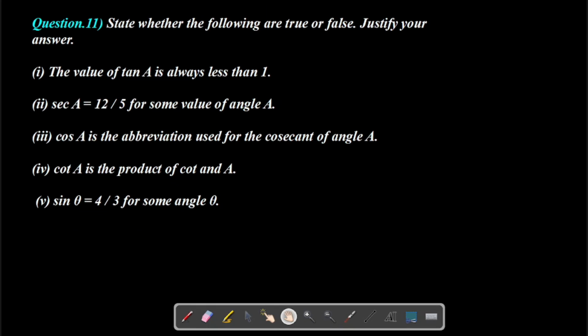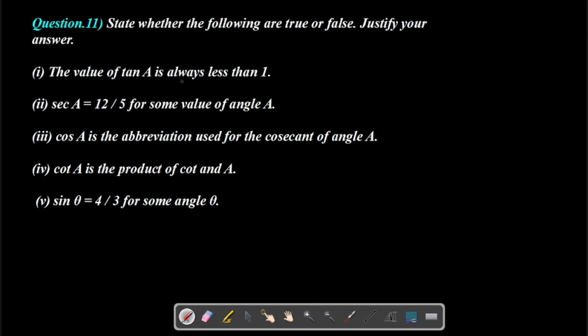The first one is: the value of tan A is always less than 1. We have already studied the table which consists of the values of trigonometric ratios. By observing the table, you can easily answer that the value of tan A is never greater than 1. Okay, it's always less than 1.